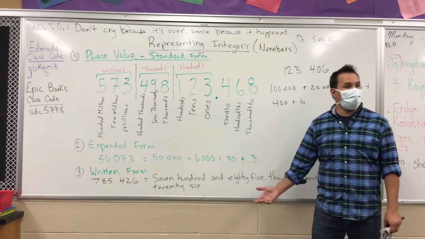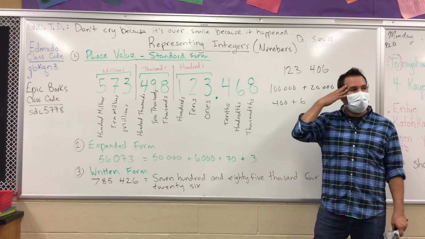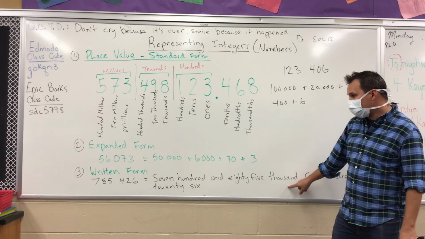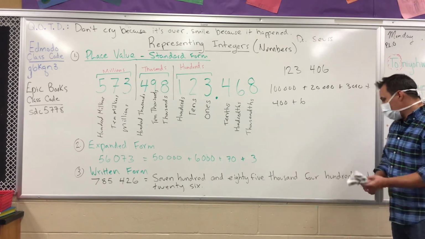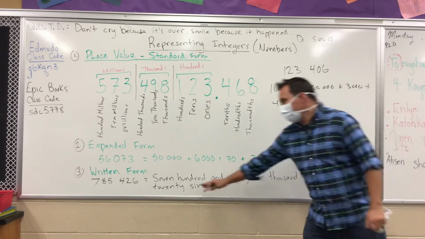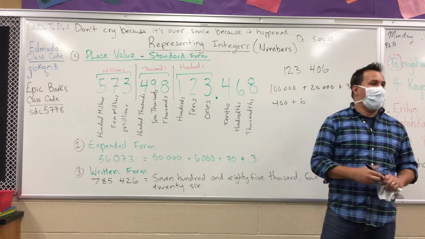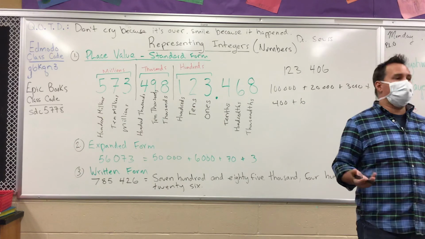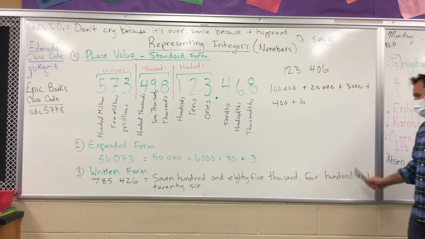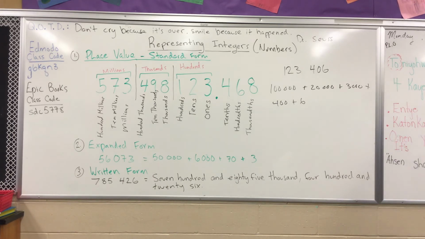And in written form, just like you would do in your head, 785,000, right? You could put a comma. 426. Exactly how it sounds when we talk it out. 785,426. Okay? So you're just writing out the words.